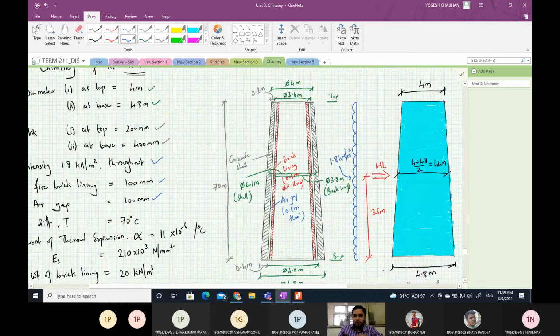Now, the effective frontal area is the 4 meter at the top and 4.8 meter at the base. So the wind will obstruct on this area. The average width is 4.4 meter, multiplied by height 70.